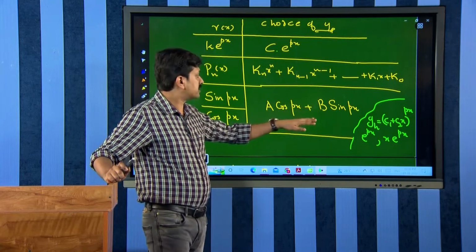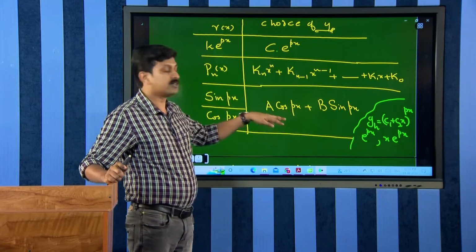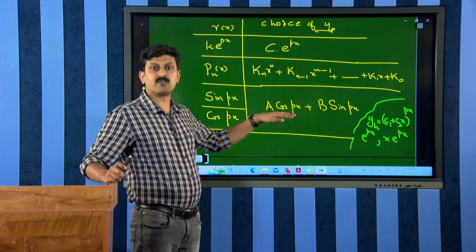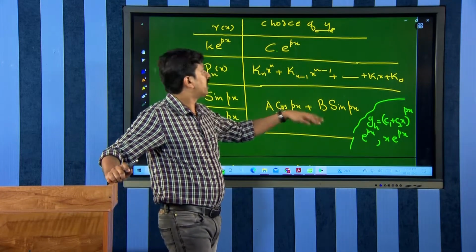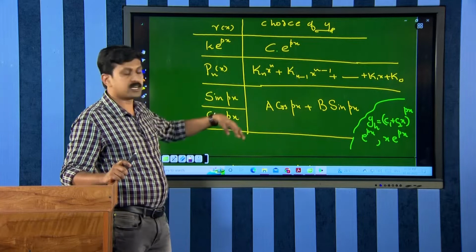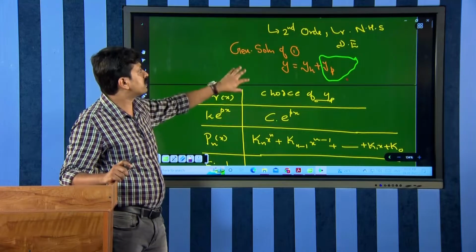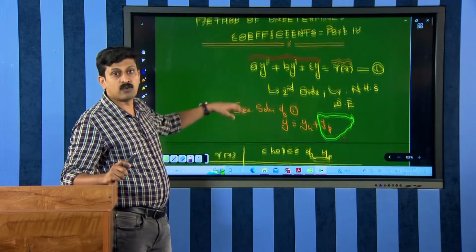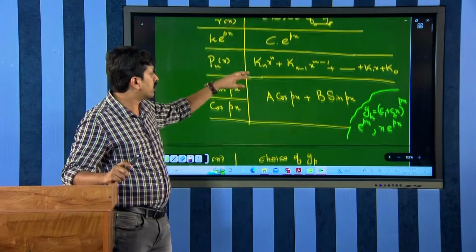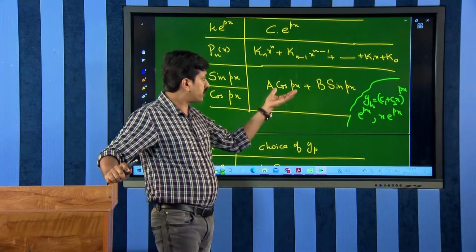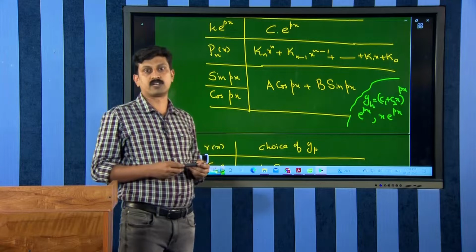As done before, we find yp dash and yp double dash, apply them to the given differential equation, and find the values of a and b. So again we get a particular solution.